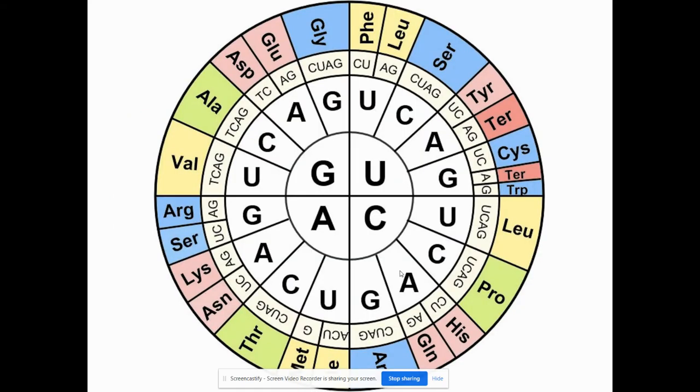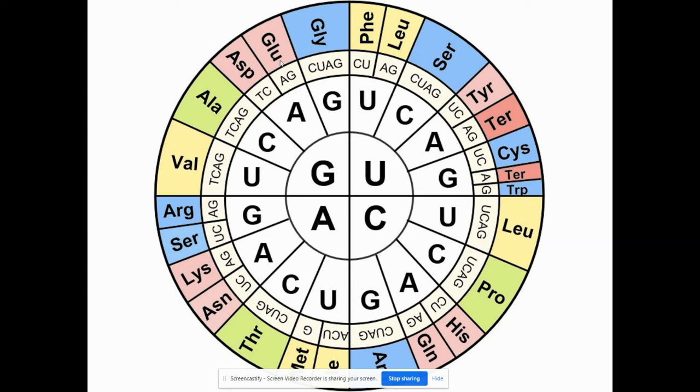Now you can see here, if you had GAG as your mRNA codon, this would have encoded the amino acid GLU, that's glutamic acid. Because of the mutation that changed the DNA triplet, that then was transcribed to the wrong mRNA codon.